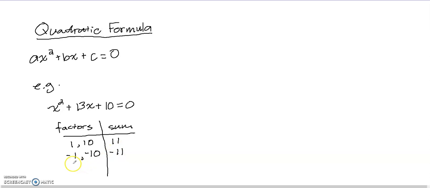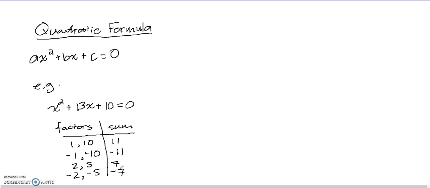And then the only other possibilities are the prime factorizations, 2 and 5, which adds up to 7, and -2 and -5, which adds up to -7. So in our list of numbers, 11, -11, 7, and -7, 13 doesn't appear. So there's no factorization that's going to allow us to solve x squared plus 13x plus 10 equals 0.